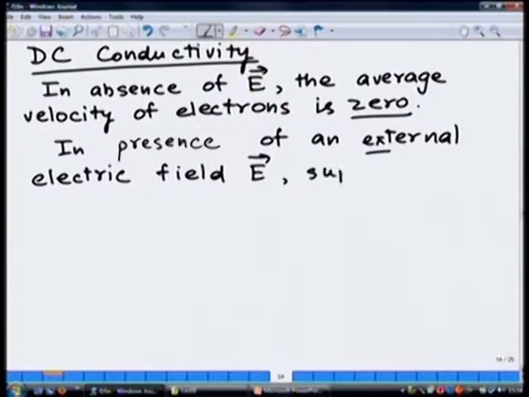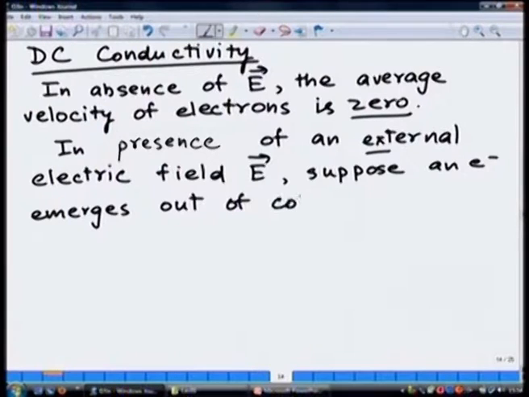Suppose an electron emerges out of a collision with velocity v0.